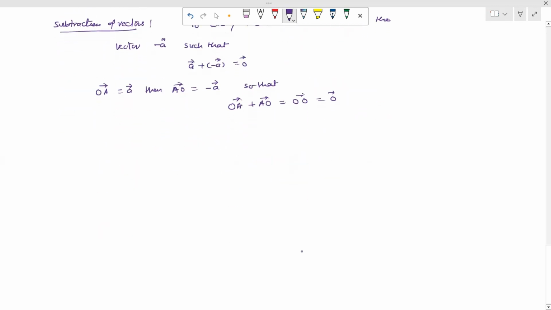Now move to the next, multiplication of a vector by a scalar. Now if we have to multiply any vector by a scalar, how to multiply the scalar? Suppose we take one scalar, let m be the scalar, and A be the vector.